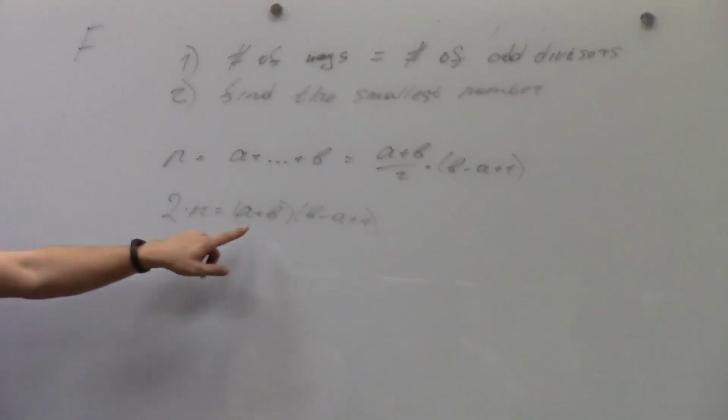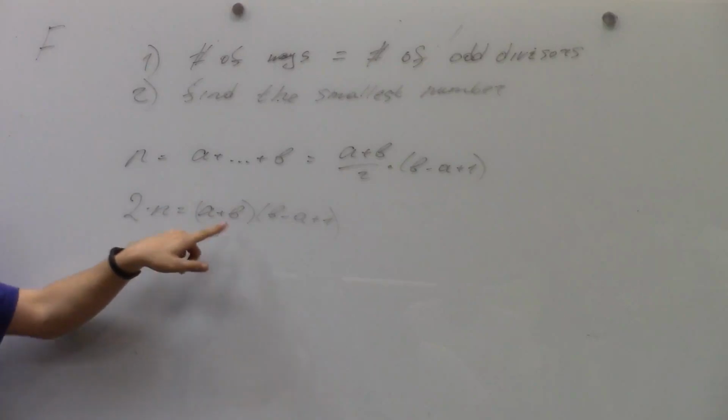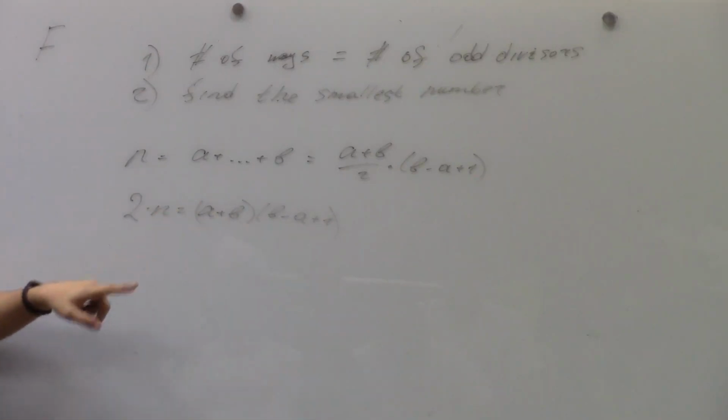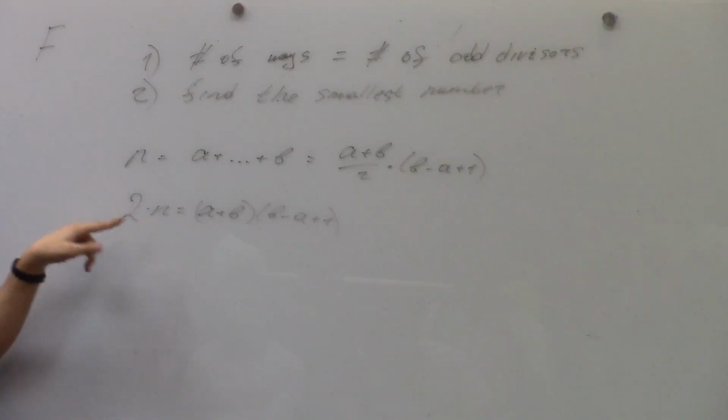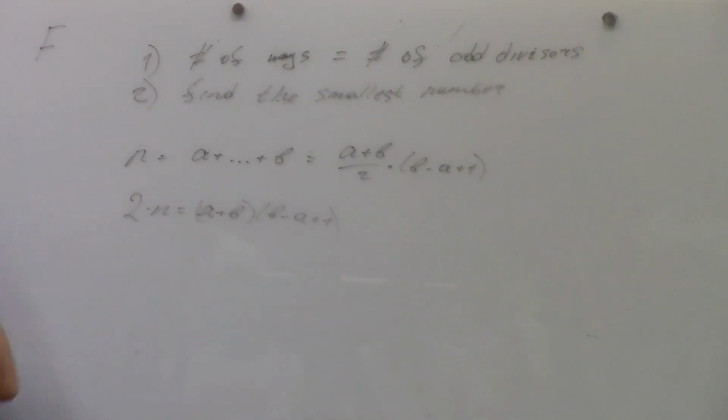Well, you see that the right side is a product of 2 integers with different parity. So one of them must be odd and one of them must be even. This means that all the 2's in the factorization of 2 times n are in either a plus b or b minus a plus 1.